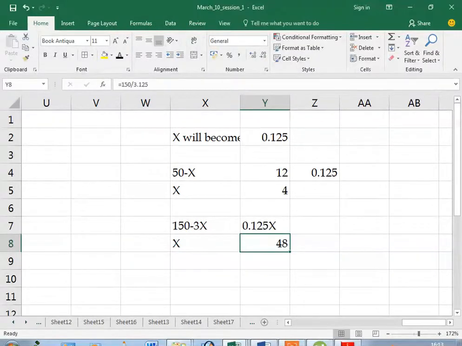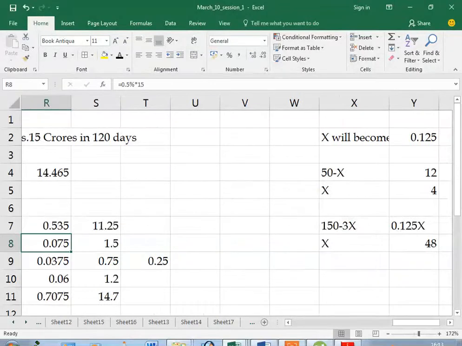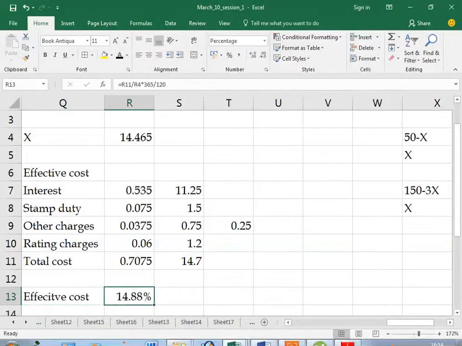Exactly 48 lakhs. Okay, once you are done with this, then listen for some time. Please check the effective cost percentage. Which number? 14.8. How has it come? This is 0.7075 divided by 14.465. This is the cost for a period of 120 days, into 365 by 120.